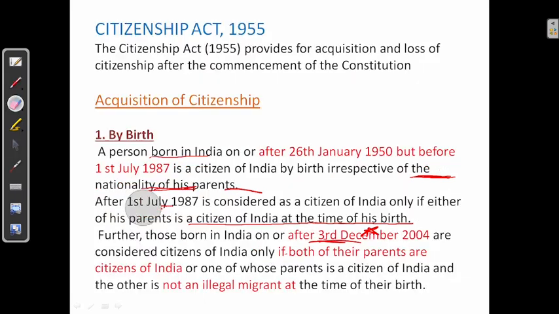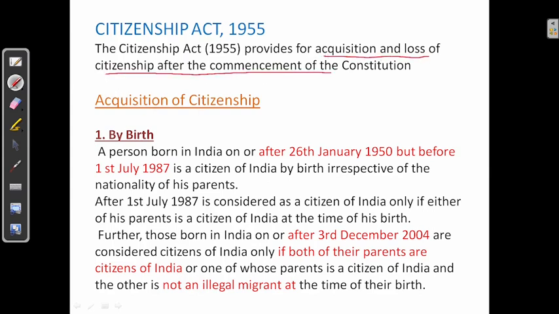Next, we'll see the Citizenship Act of 1955. It provides for the acquisition and loss of citizenship after the commencement of the Constitution. First, let us see the acquisition of citizenship.